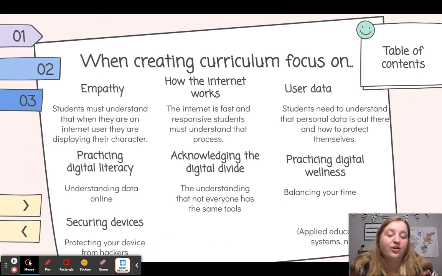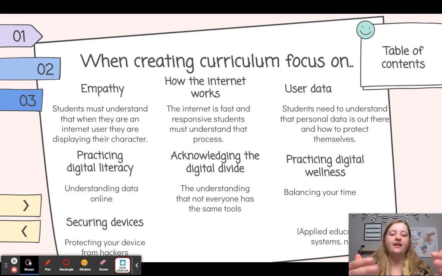So when creating a curriculum, here are the things that you should focus on. The first one is empathy. Students must understand that when they are on the internet and they're an internet user, they need to display their character.